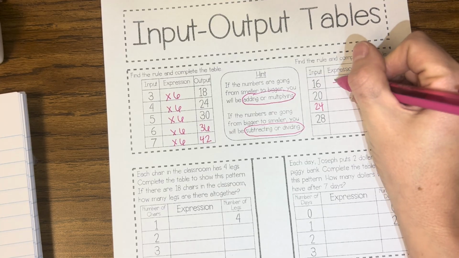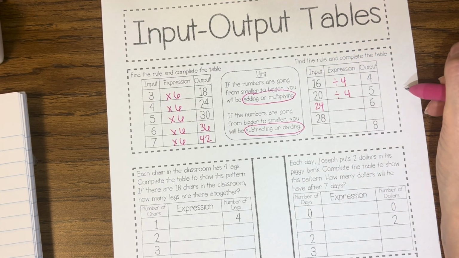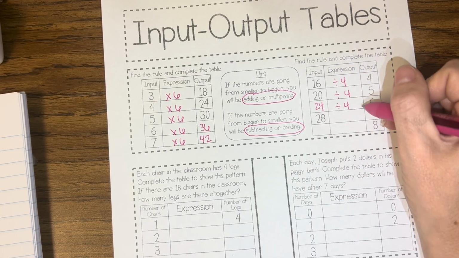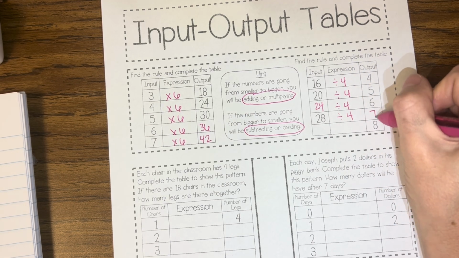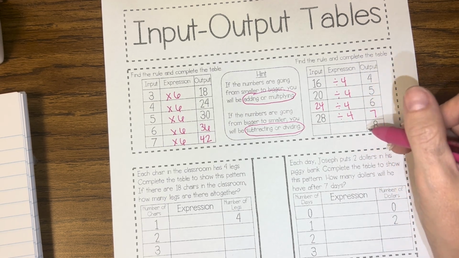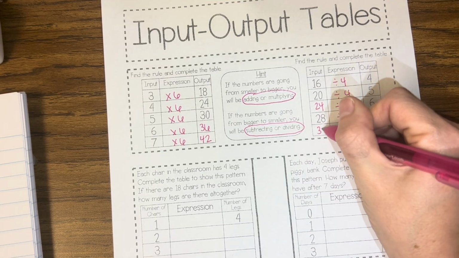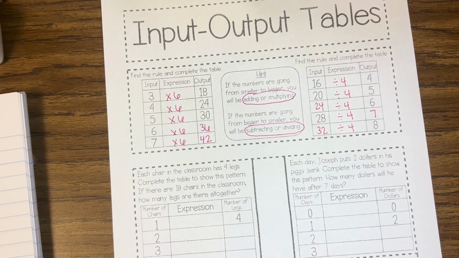So 16 divided by 4 was 4, 20 divided by 4 was 5, and then we had to work backwards to get 24, but 24 divided by 4 is 6. Then we said 28 divided by 4 was 7. We're going to do the same thing here with 8 times 4 would be 32, and then 32 divided by 4 would be 8.